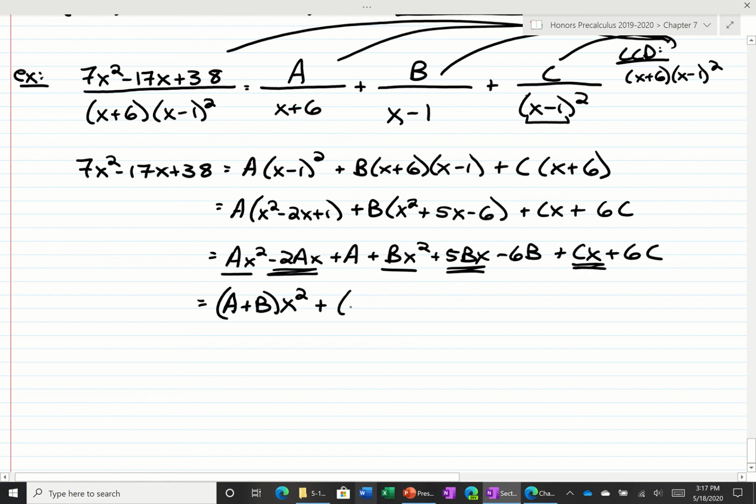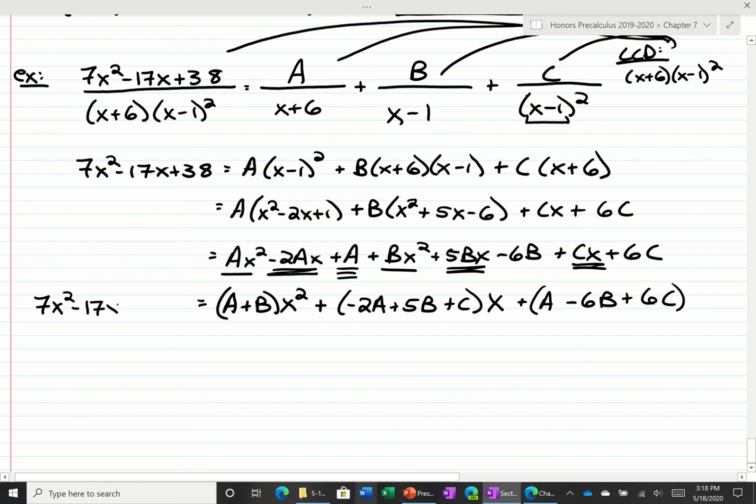So we'll have negative 2a, 5b, and c x's, and we'll have a minus 6b plus 6c for our constants. And this is going to equal 7x squared minus 17x plus 38.